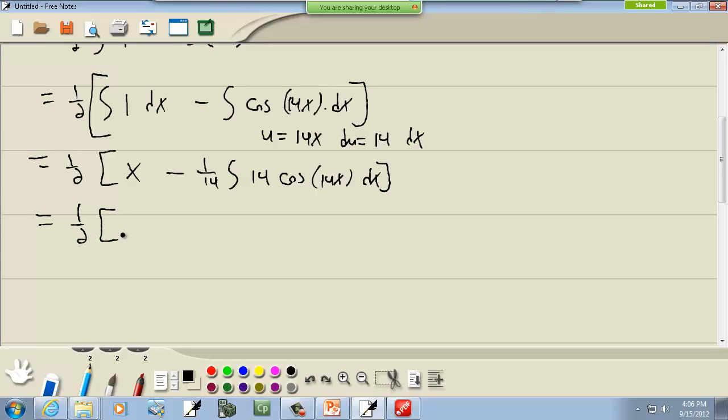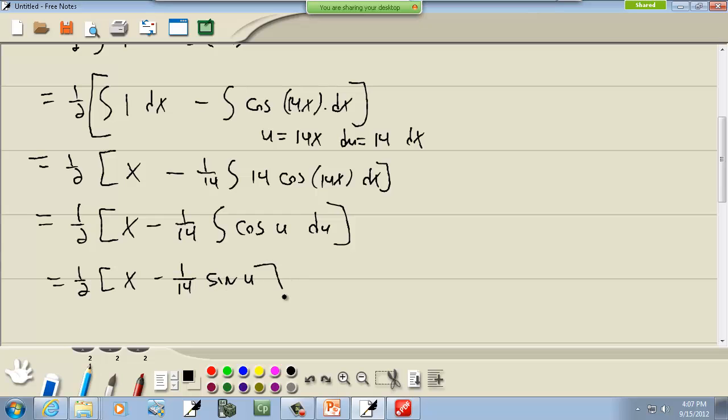So we've got 1/2 times x minus 1/14. And now we'll replace the 14x with u and 14 dx with du. Well, the integral of cosine u is sine u. I'll go ahead and put the plus c here at the end.